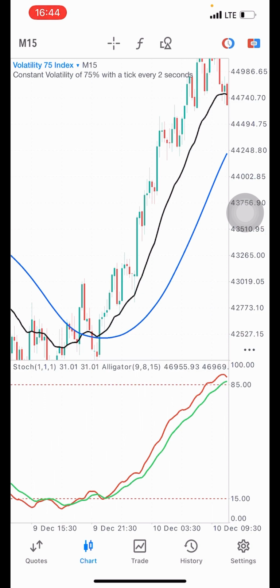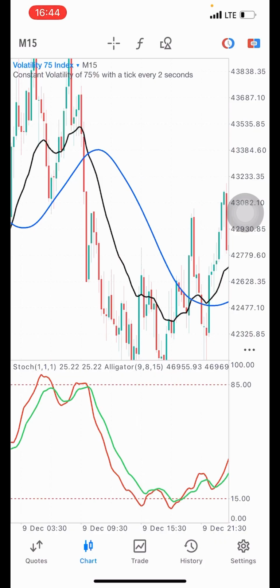All right, now this is how you trade with the strategy. First of all, you are going to observe the indicator window right here. Now you see these two indicators, the red and the green line. First of all, they need to get to the oversold level, which is our 15 level. You need to see that the line is being touched by the red and the green line.